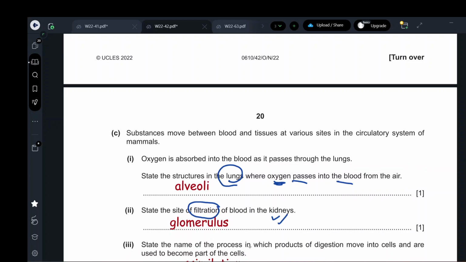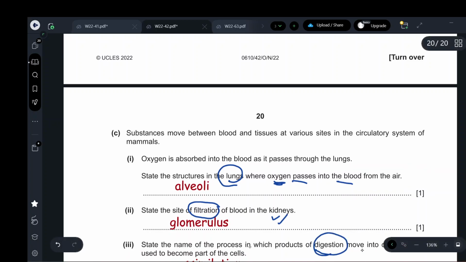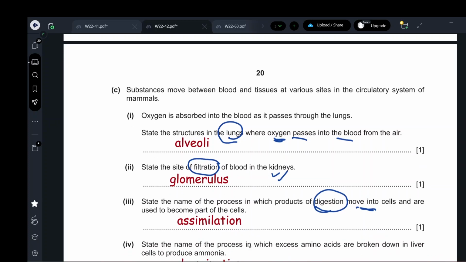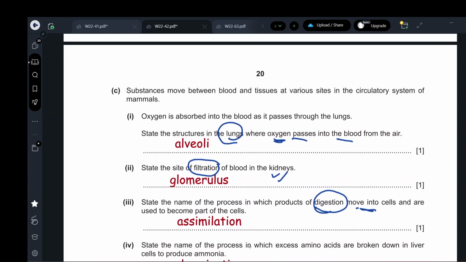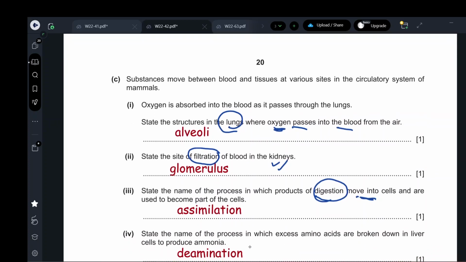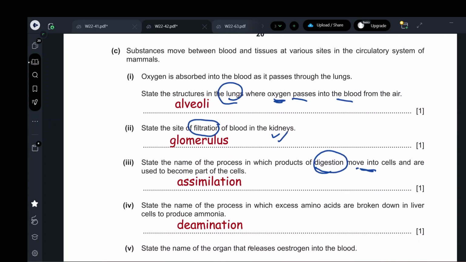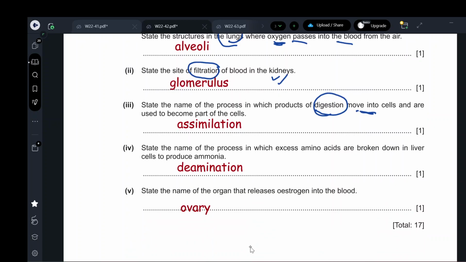Name of the process in which the products of digestion move into the cells and become part of the cells. Digested molecules become used in the cells. This is assimilation. Process in which excess amino acids are broken down, deamination. Organ that releases estrogen in the blood, ovary. And that's it.